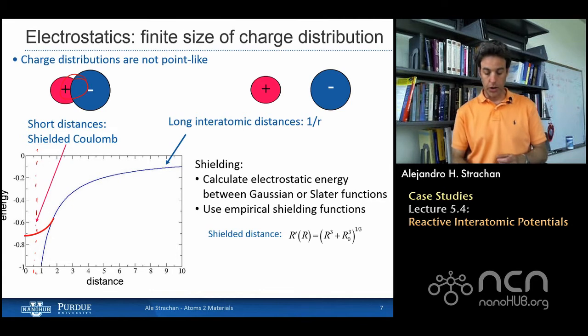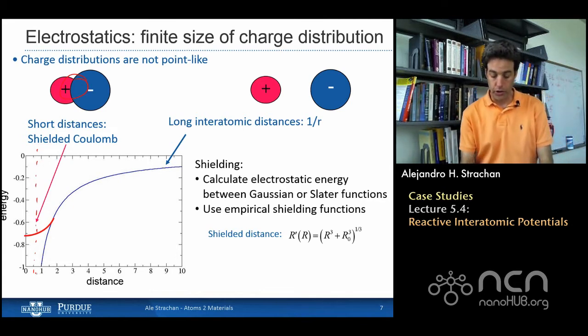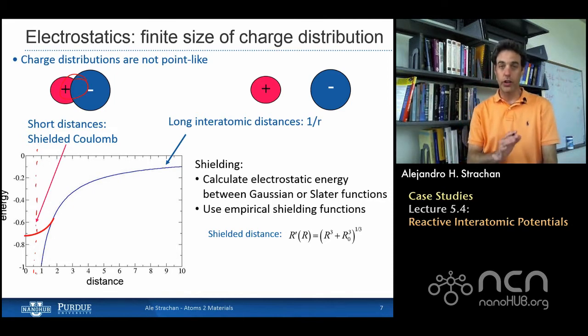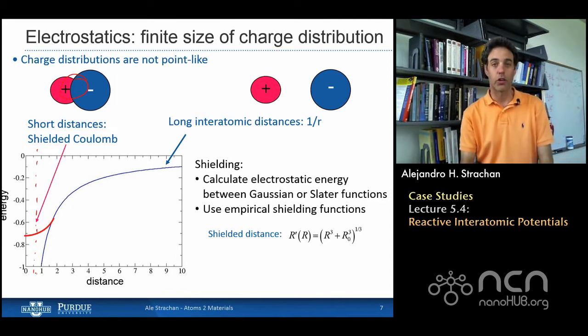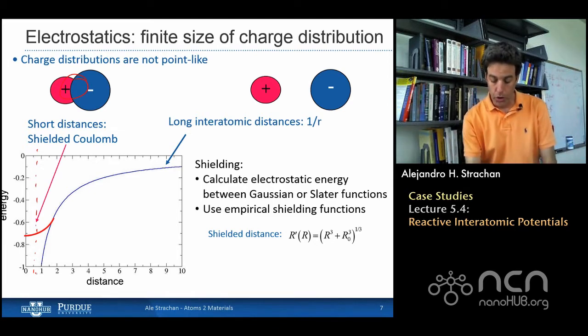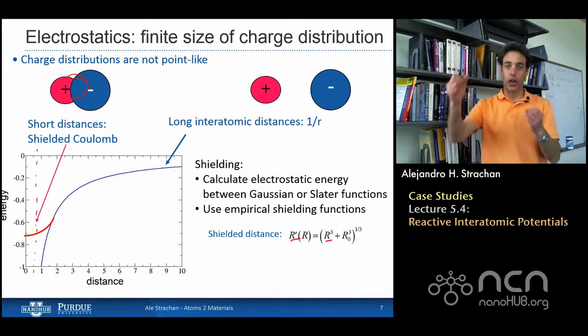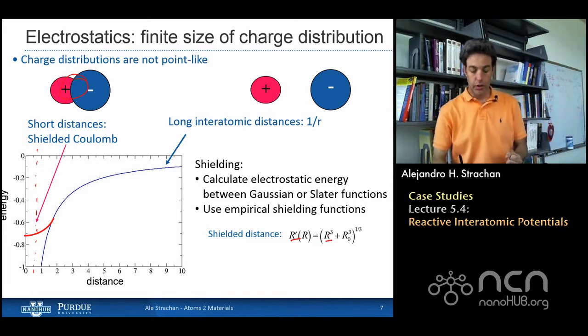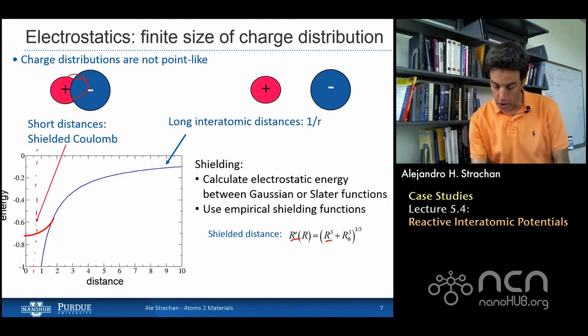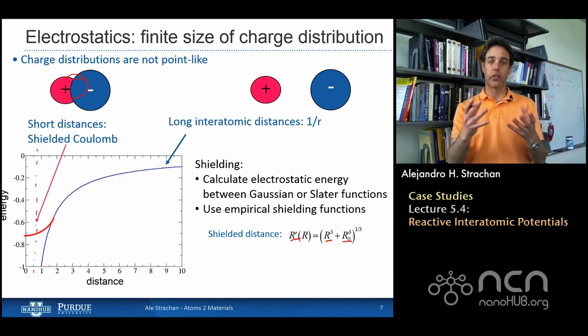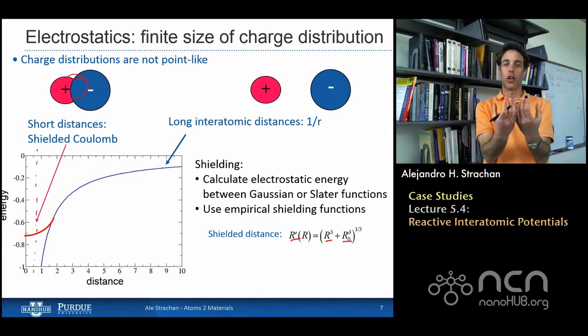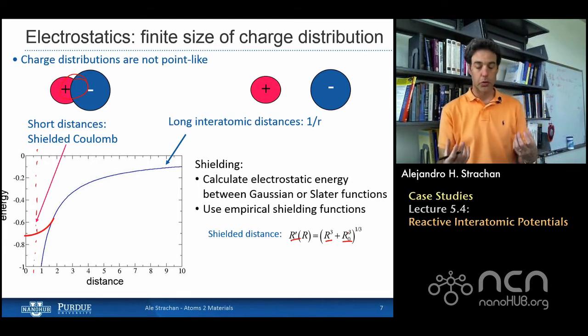Okay, so let me tell you one approach to do this that's used in many potentials. You define a shielded distance as a function of the real distance. So r prime is going to be the shielded distance, and r is the actual separation between these two atoms, and r naught is a characteristic distance, a characteristic size of these charge distributions.